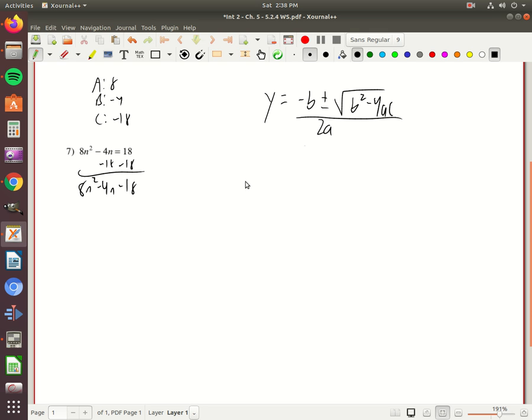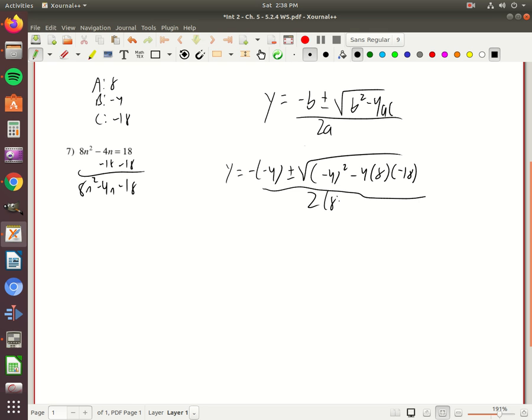So if I look at this, I'm going to say y equals negative b, so I will have a negative 4 plus or minus the square root of negative 4 squared minus 4 times 8 times negative 18, all of that over 2 times 8.